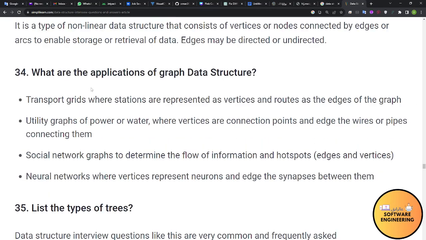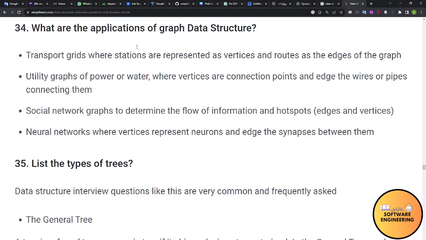طيب what are the applications of graph data structure؟ ايه هي البرامج اللي بتستخدم الجراف data structure؟ Transport grids where stations are represented as vertices and routes as the edges of the graph. Utility graphs of power or water where vertices are connection points and edges the wires or pipes connecting them. Social network graphs to determine the flow of information and hotspots, edges and vertices.